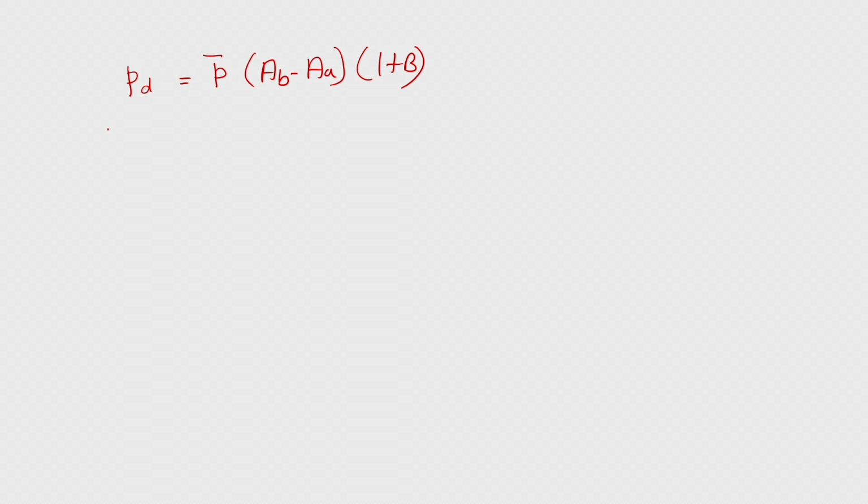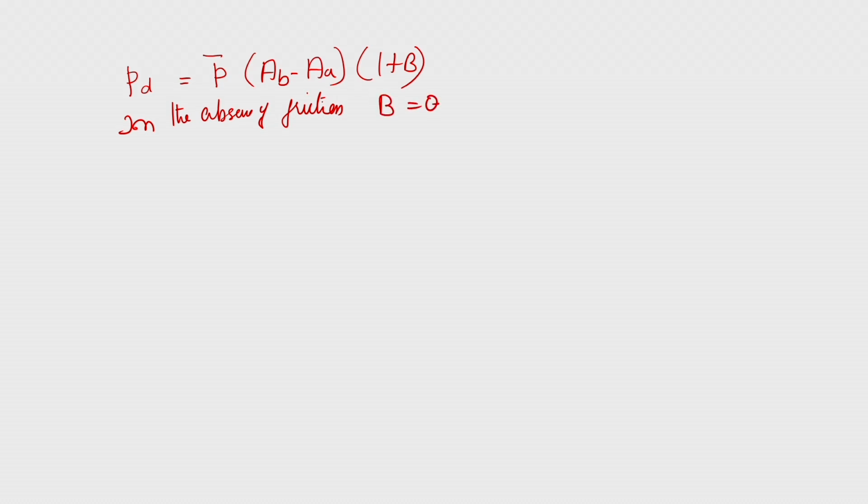So, in the absence of friction, B is equal to 0, and then you will get P d is equal to P bar into (AB minus A), which you can write with the average stress of your flow stress of your material during the deformation, which is equal to A A log AB by A A.